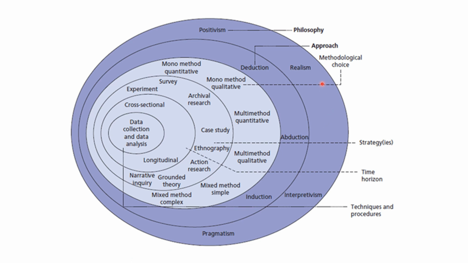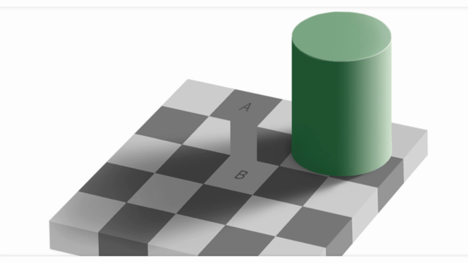The second research philosophy is realism. The epistemology stance would be qualitative, and the ontological stance would be that there could be multiple truths. In this picture, you see the squares and you ask what color is it.